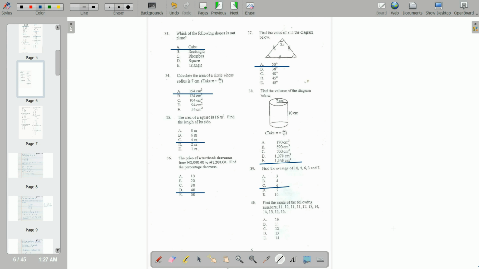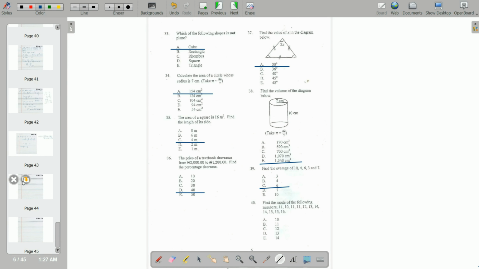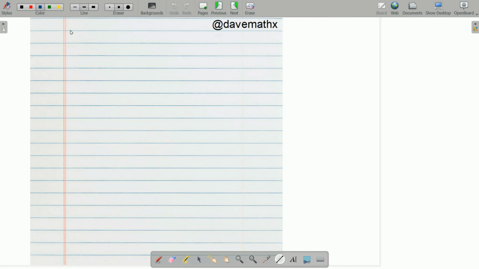Next is question 40. We're asked to find the mode of the following numbers.